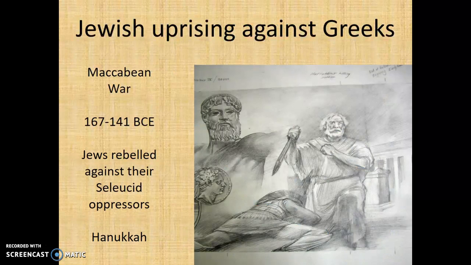An important period in Jewish history is when the Jews rose up against their Greek oppressors. So this was after Alexander died, and there was sort of chaos. Different ruling groups took over after this time.